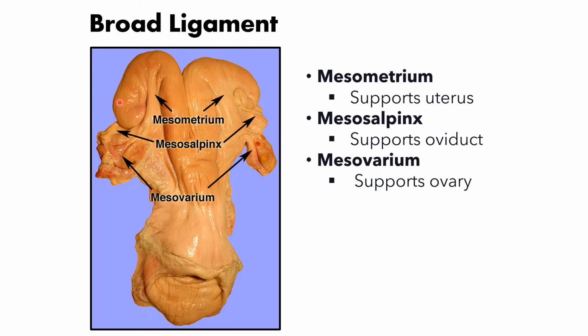And in this portion, we have here the oviduct and the ovary. Again, the mesometrium is the one that supports the uterus. We also have the mesosalpinx, which supports the oviduct, and the mesovarium, which supports the ovary.